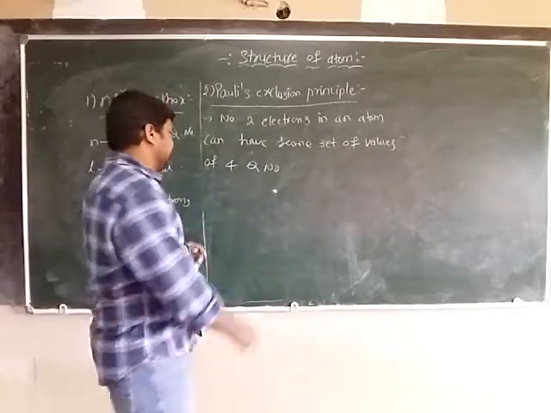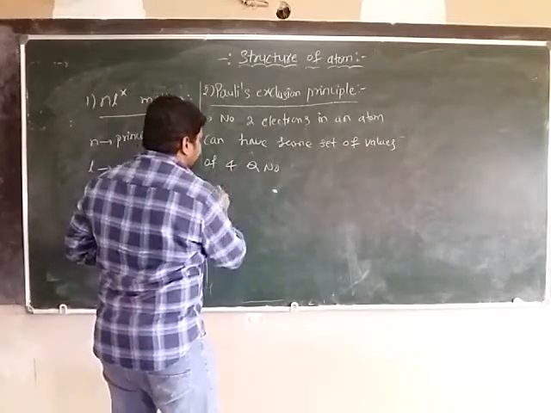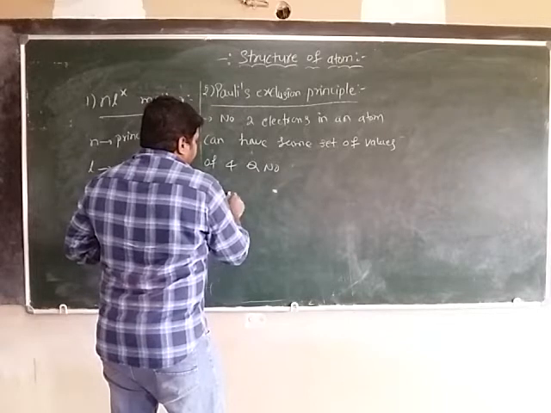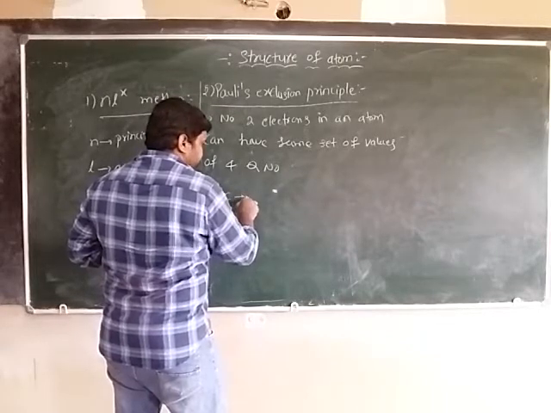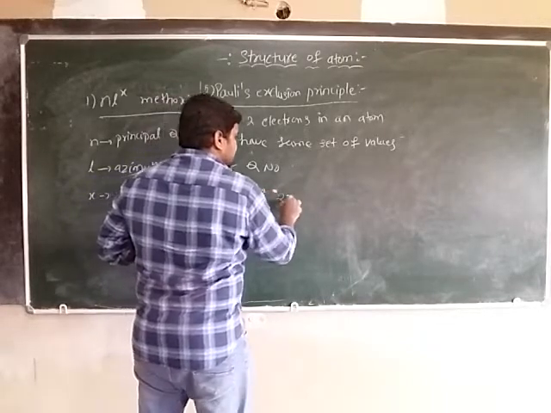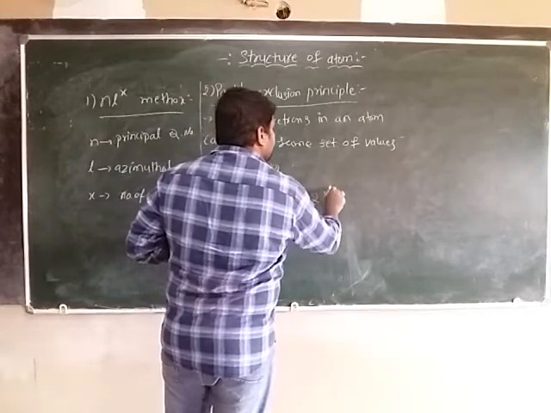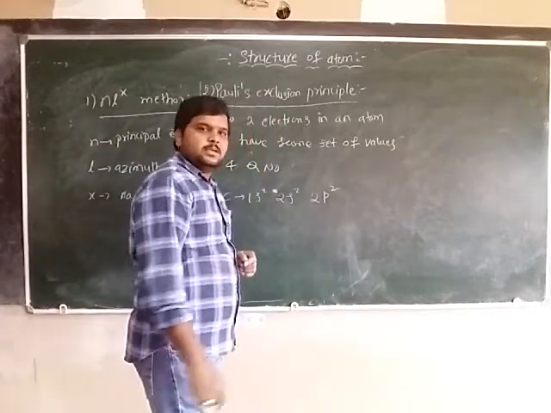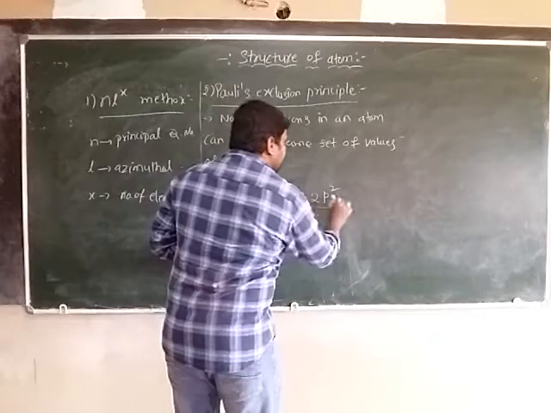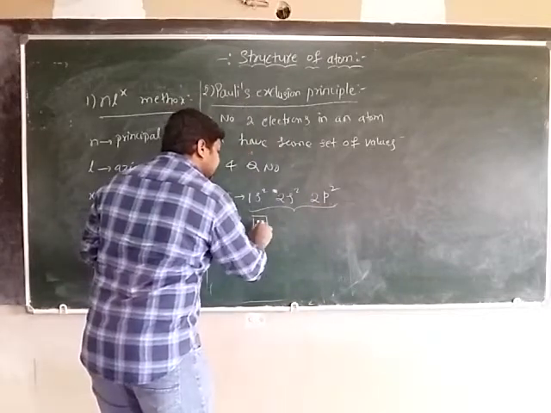For example, if you take carbon 6, 1s2, 2s2, 2p2. If I want to write the quantum numbers for any electron, I am representing the orbitals also.